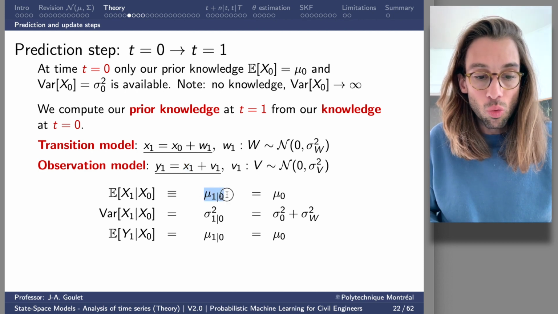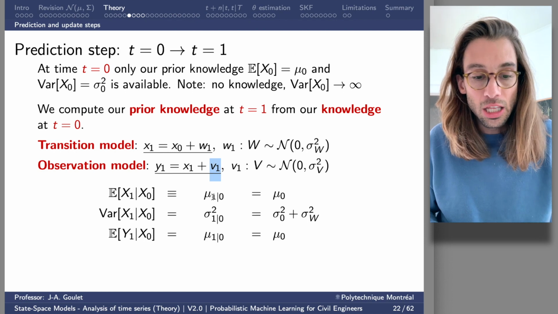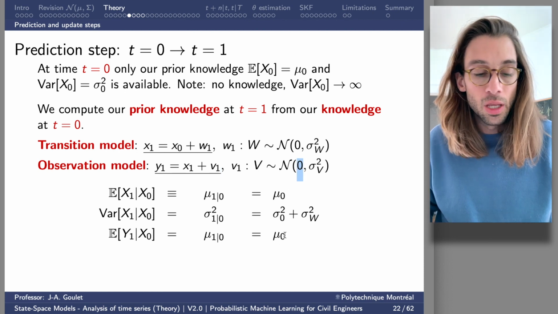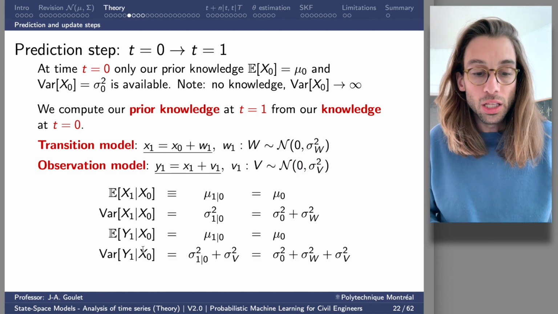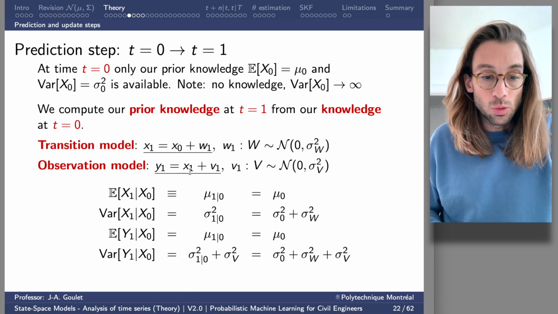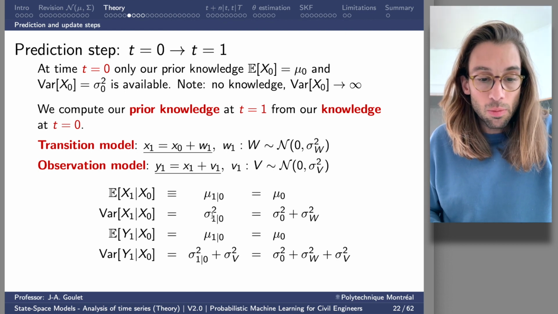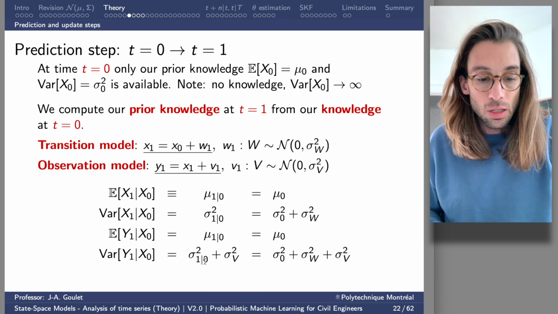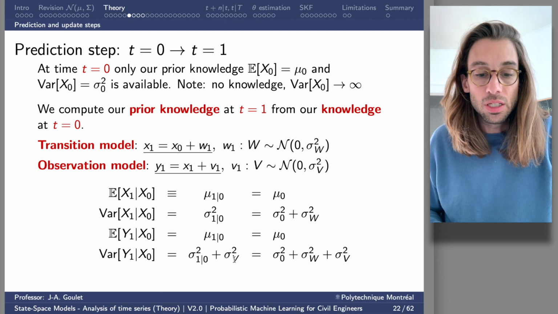So it's going to be mu1 given 0 plus the expected value of v1. Okay, in that case, the expected value of x1 is mu0 plus expected value of v, which is 0. So it's simply mu0. The variance of y1 given x0 is going to be the variance of x1. So variance of x1 is sigma 1 given 0 plus the variance of v, sigma v squared. So sigma 1 given 0 plus sigma v squared.